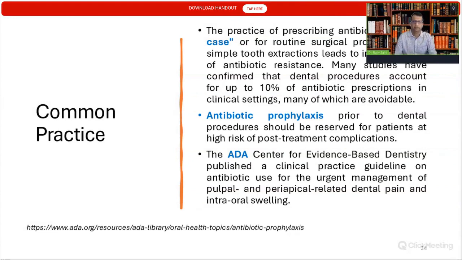The American Dental Association has also recently issued guidelines on when and how to prescribe antibiotics, and I really encourage everyone to visit the ADA website and get insights on that, because it's a huge topic itself, and I can't cover it in this presentation.